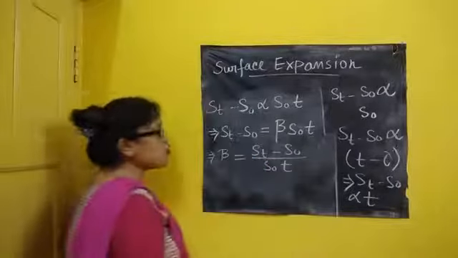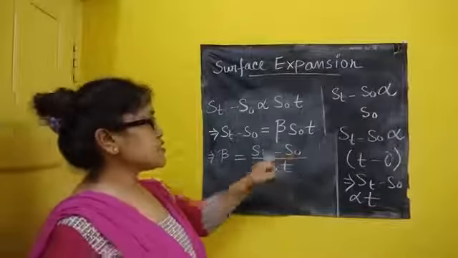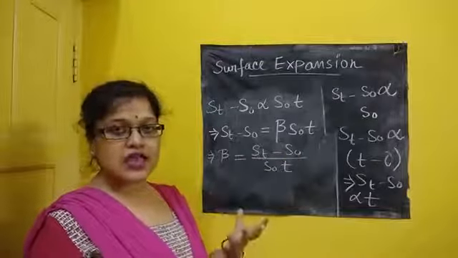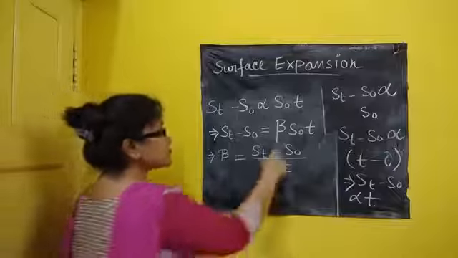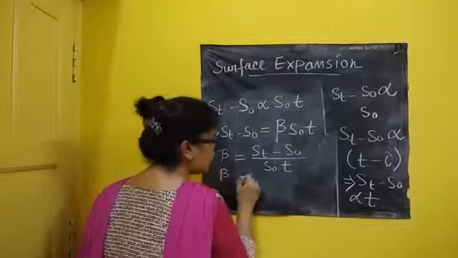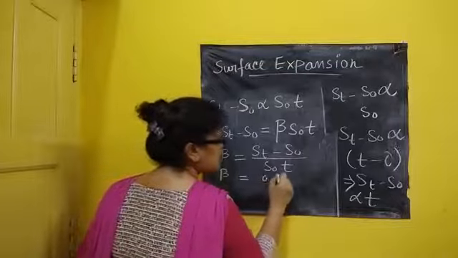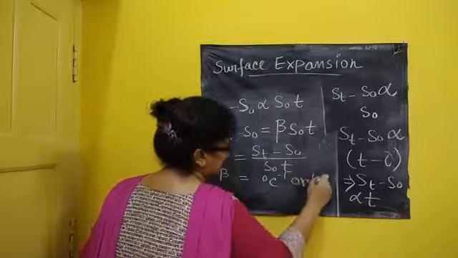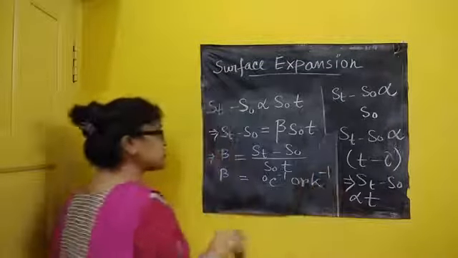So what will be the unit? Suppose the surface area is in meter square. So meter square by meter square will cancel out. So beta's unit is also degree Celsius inverse or Kelvin inverse. How much surface has changed?